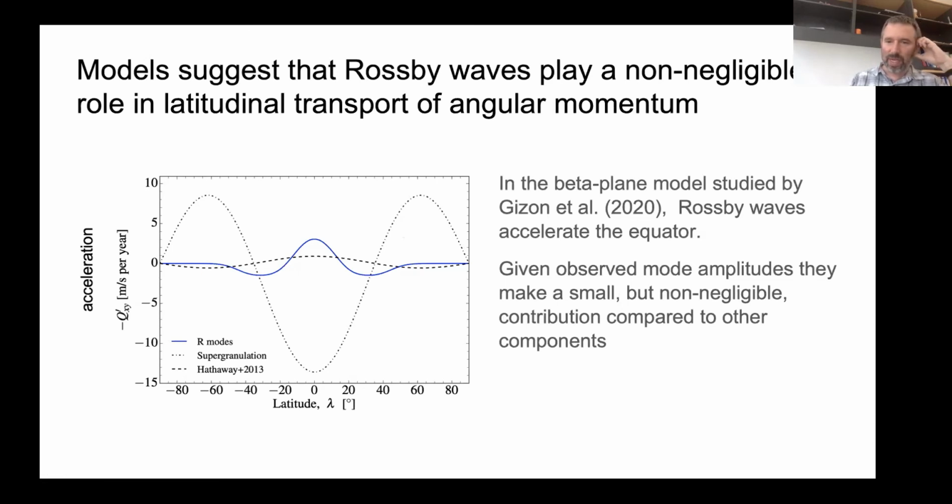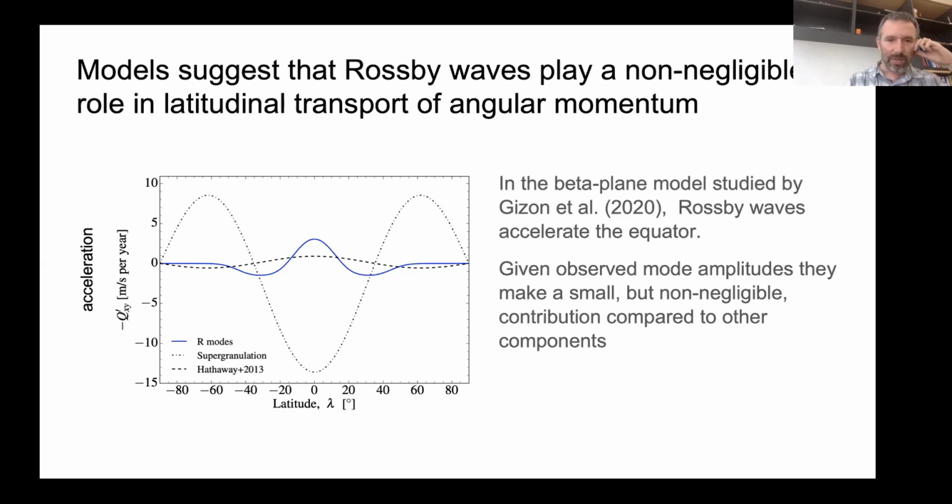They're bringing angular momentum to the equator. And that's what this figure on the left is showing. It's showing you the acceleration due to transport as a function of latitude for some different things. The blue curve is the R modes, the Rossby modes in this beta plane model.